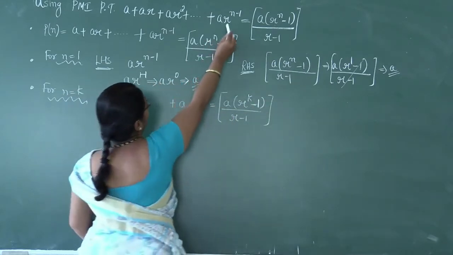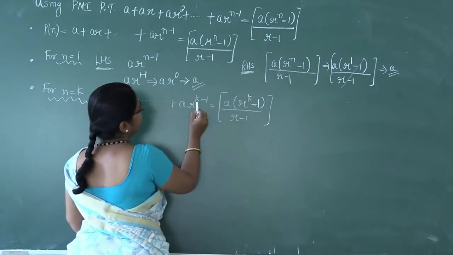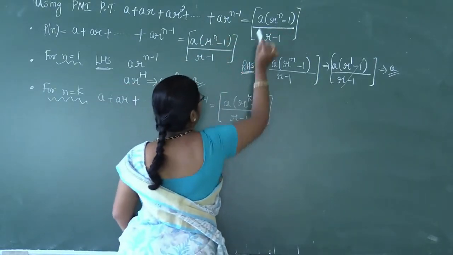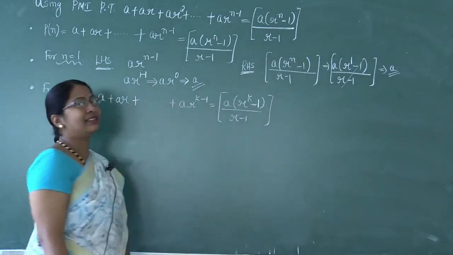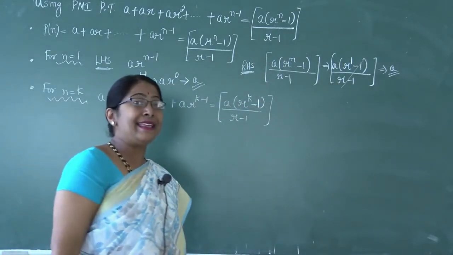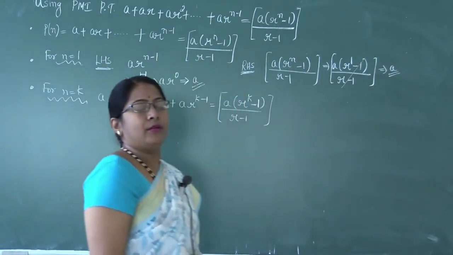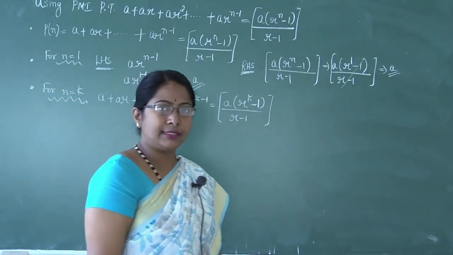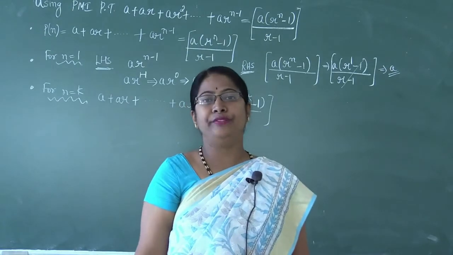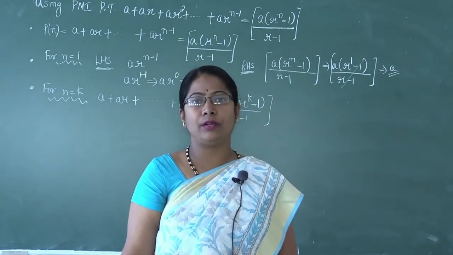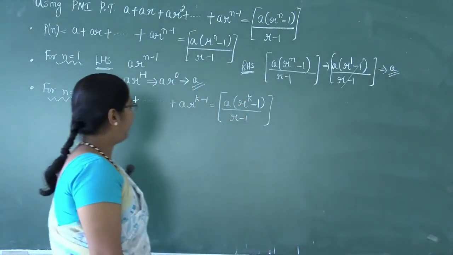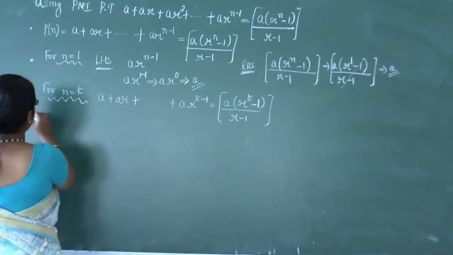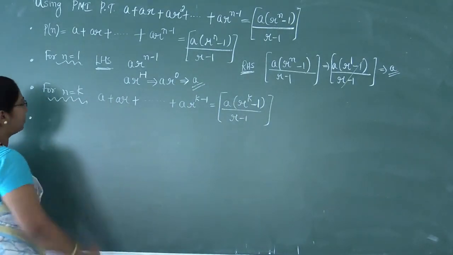In place of n, we wrote k, and similarly in place of n on the RHS, we wrote k. We have replaced the nth term by k. What is the conclusion we are supposed to write? Therefore, the given statement is true for n equal to k.